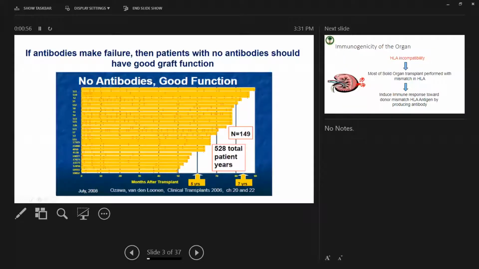The principle is, if we believe that the antibody makes failure, then patients with no antibodies should have a good graft function. And this is really a big study that had been published a while ago showing no antibodies has a good function with about 5 years and 7 years graft survival.